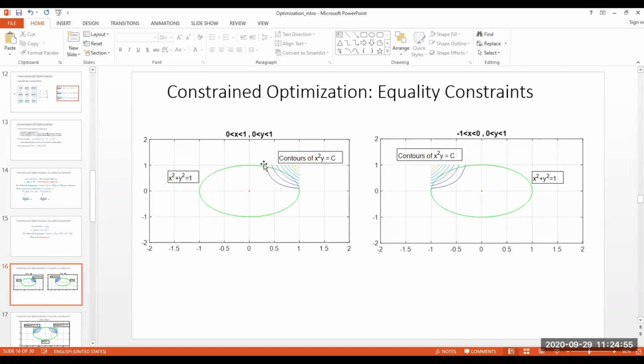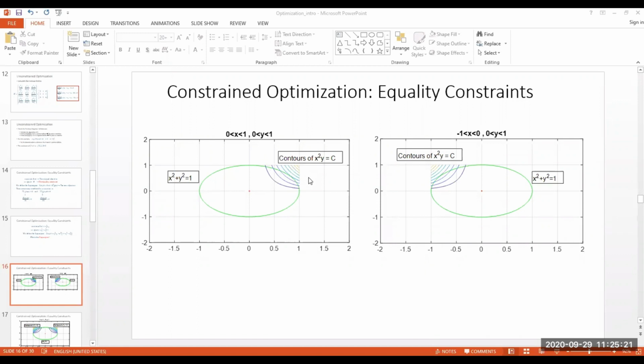I get the same value for different combinations of x and y along this contour. Let's say that is C1. Similarly, if I move along this contour, then I get C2, then C3, meaning different constants. Is that clear? What these contours mean?